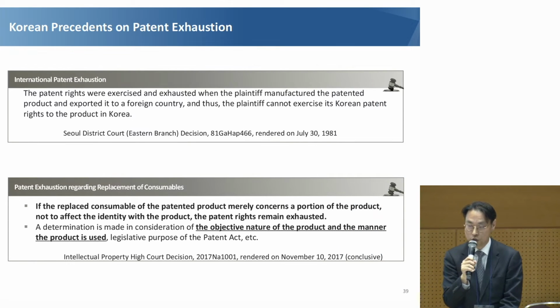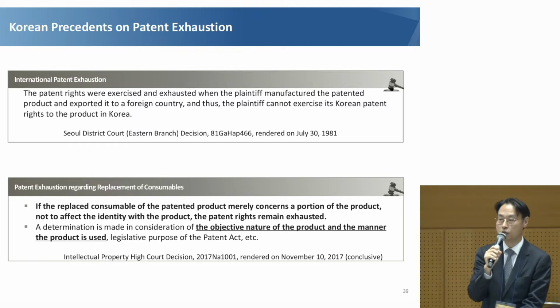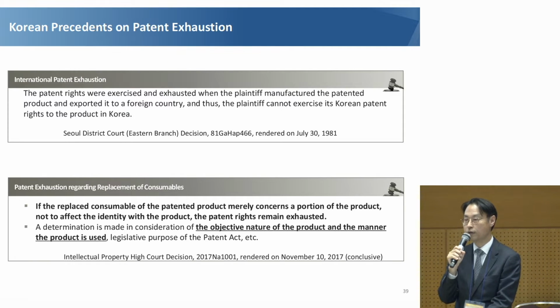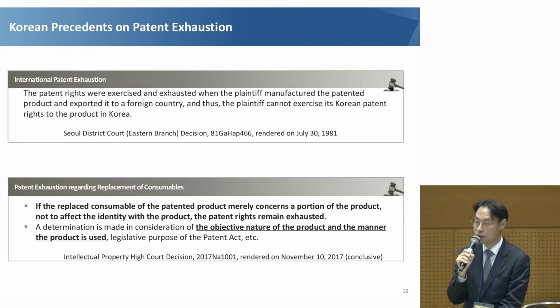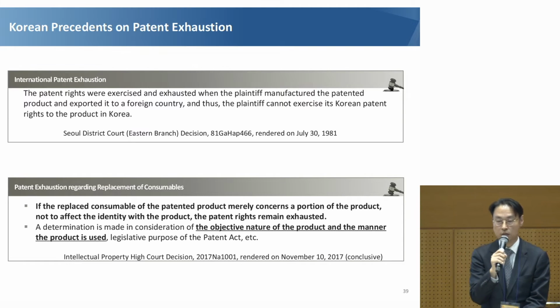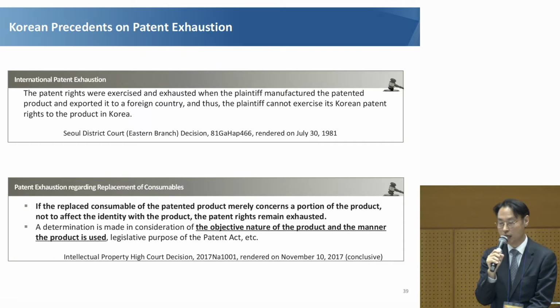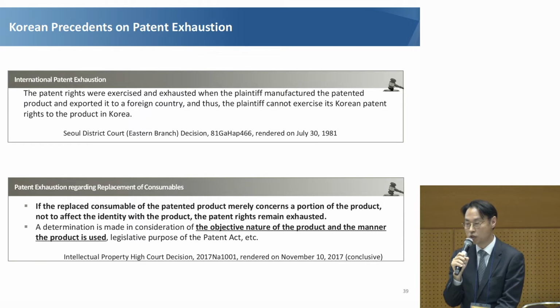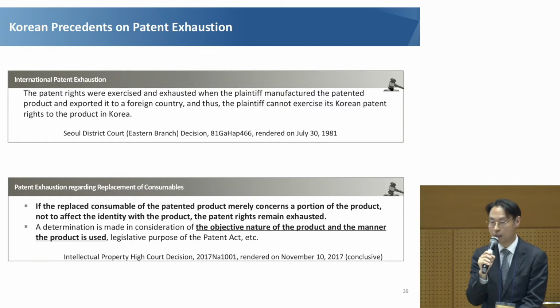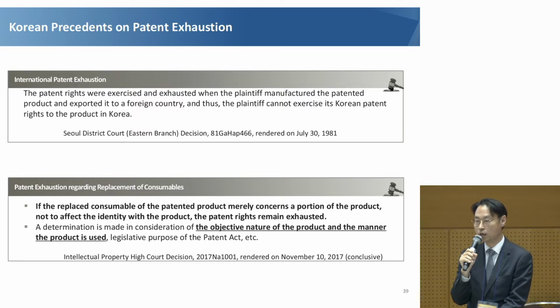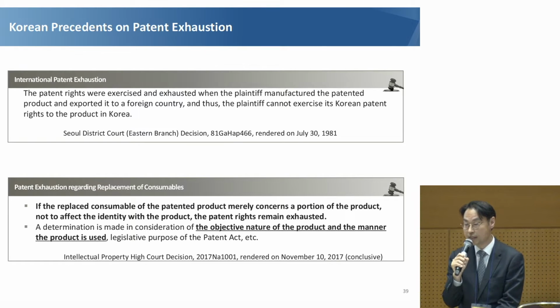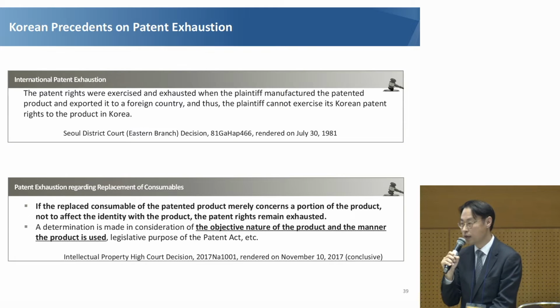On the first issue, at least one district court in Korea affirmed that international patent should be exhausted. So we think it is equally applicable to our case. And on the second issue, we have good IP High Court cases which detailed this type of cases. So in the interest of time, I will focus on the second issue today.